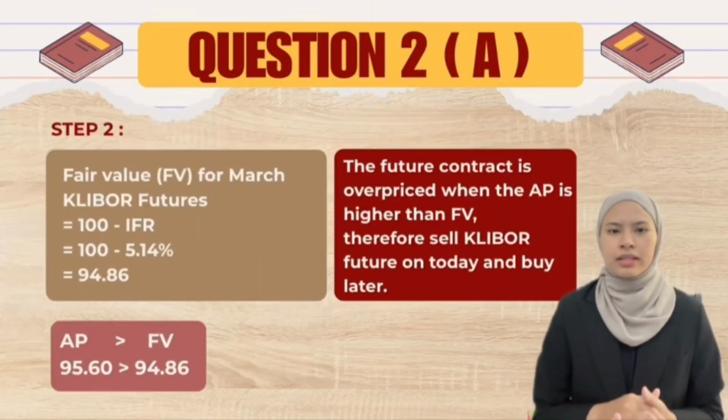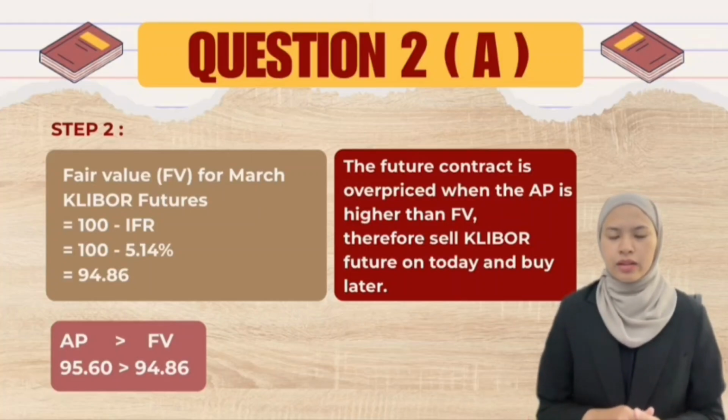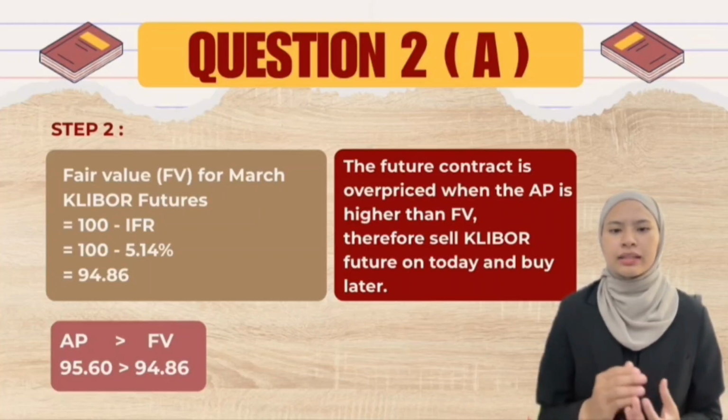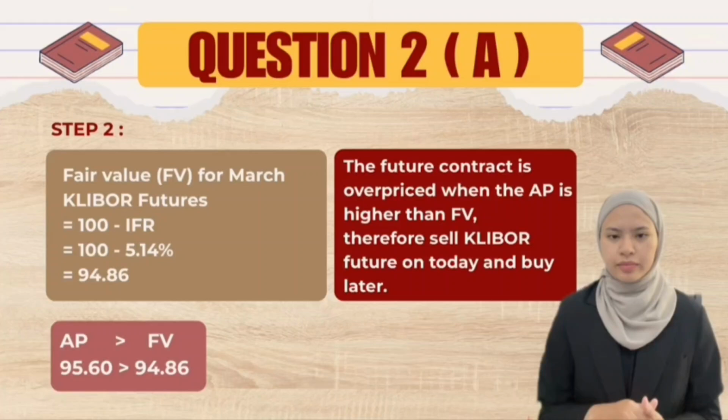Next, we calculate the fair value of the futures contract. The formula is simplified: fair value equals 100 minus the IFR. So the fair value is 100 minus 5.14%, which equals 94.86.